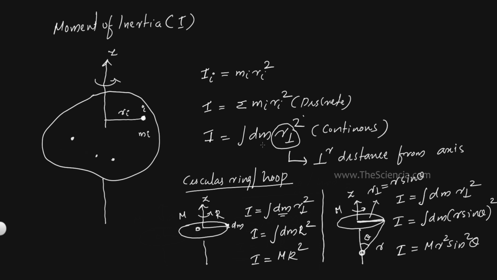Now we are going to discuss a little about this mass element dm. Definitely these are very small things, but if you don't know these small things, you definitely make errors when you are solving a problem. So these small things are very important.